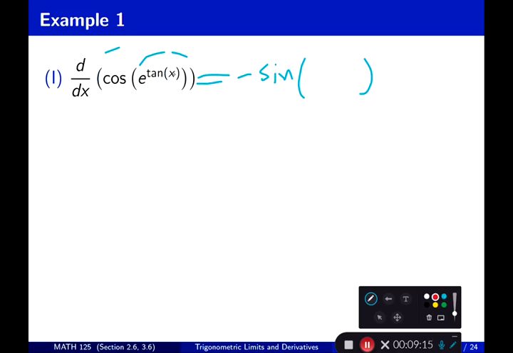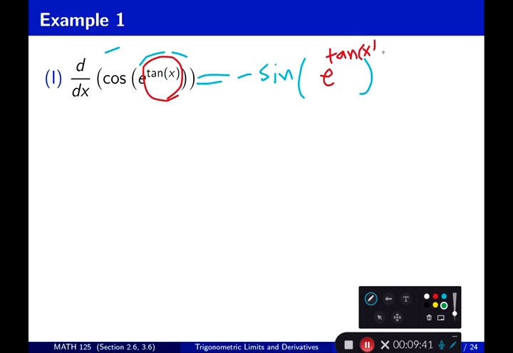So I'm putting e to the power tangent of x. See, I didn't change anything. Now the next step is to take the derivative of e to the power tangent of x. And so this time around, I know that the derivative of the outer function is the exponential.